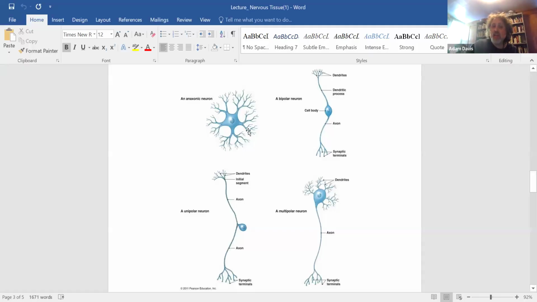They have lots of dendrites, but they do not have an axon carrying signals away. Rather, anaxonic neurons communicate directly with other neurons around them through their dendrites touching each other's dendrites. This allows them to form complicated data exchanging networks with other neurons in their vicinity. Anaxonic neurons are exclusively interneurons.